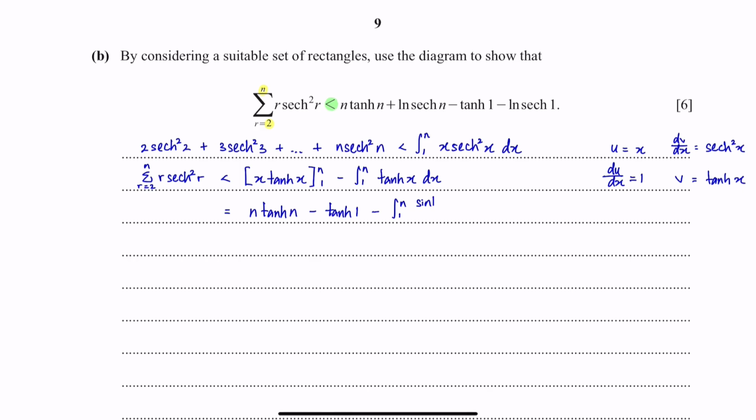as sin x over cos x before integrating. So the integration of this would be ln cos x. Why is that so?